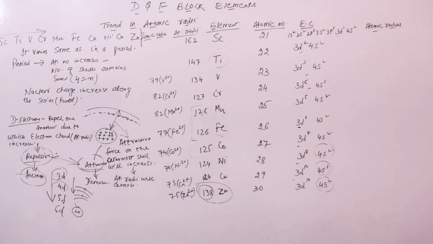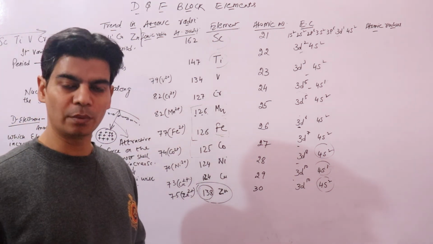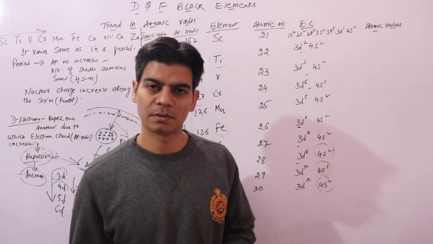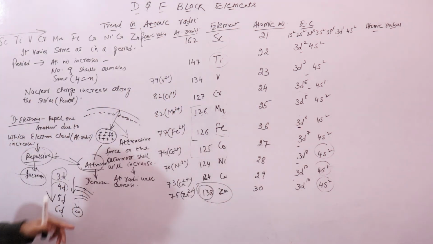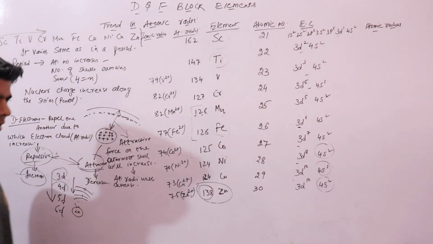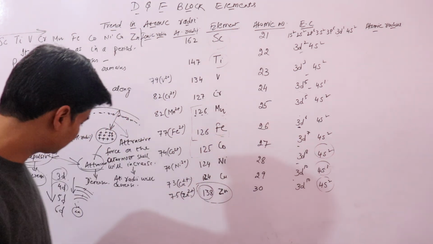But the atomic radii of the second and third transition series, that is 4d and 5d, will not increase. It will remain almost the same.